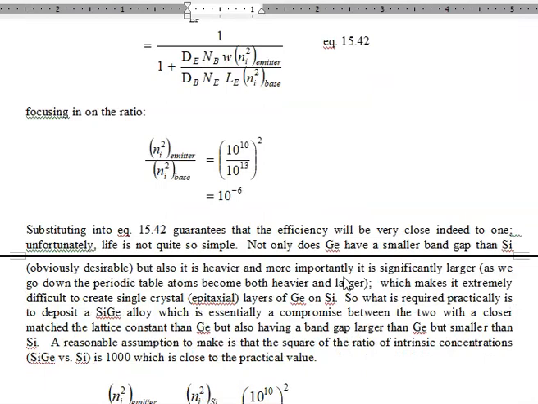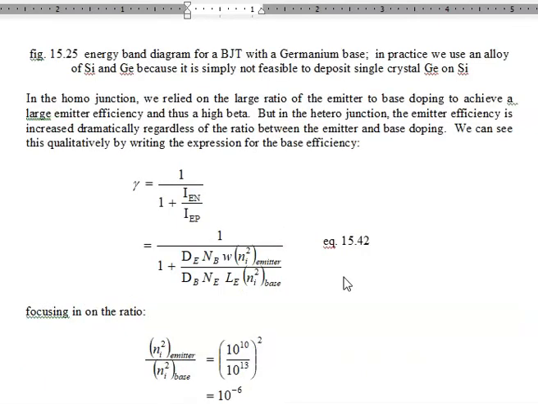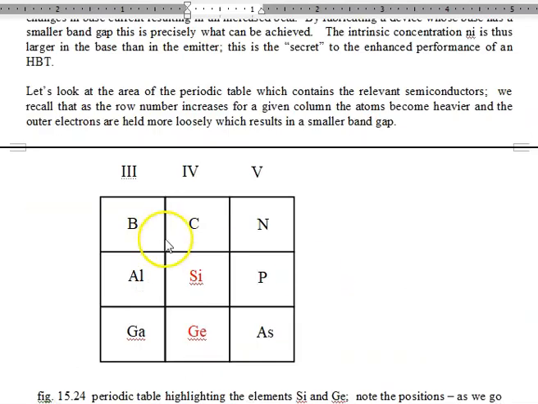Unfortunately, things are not quite that simple, and the reason is that, as we said before, these atoms get larger and larger, and it's very difficult to deposit a crystalline structure of germanium on silicon because the atoms are so much larger, we don't get a good lattice match.